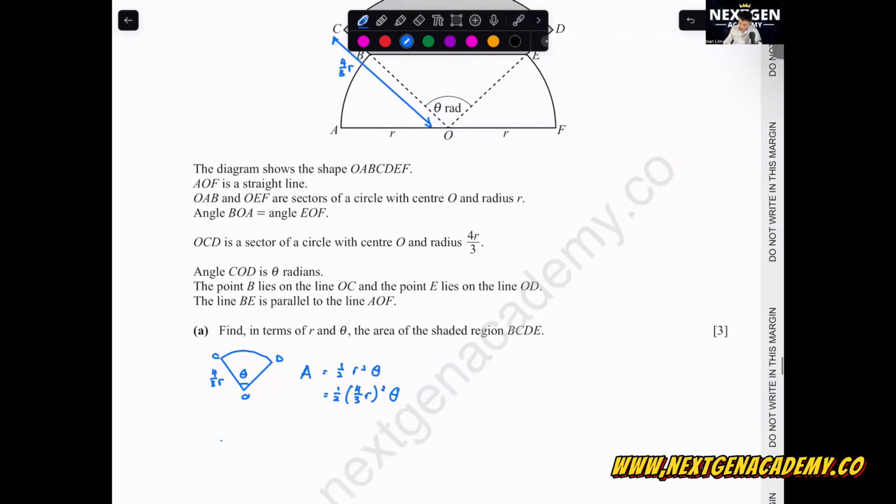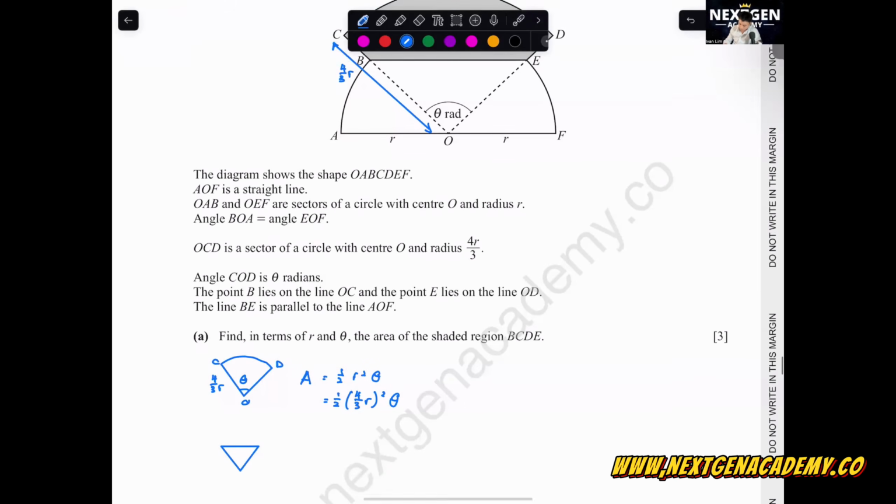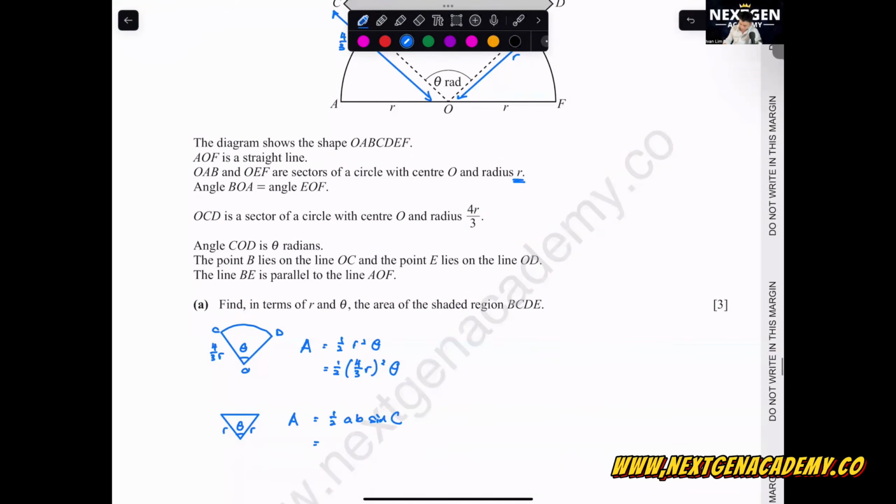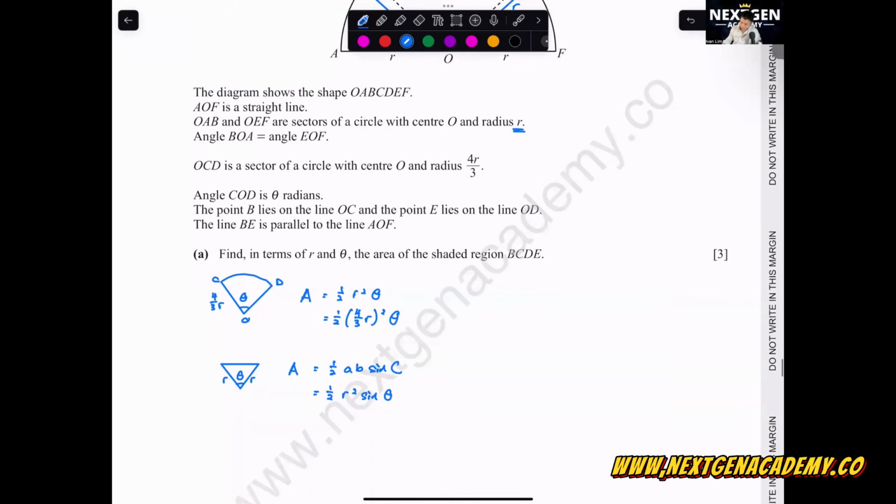The triangle. How to minus the triangle? This angle is theta, and the radius is R. You see here, they say it is R. So this area, we can use 1 over 2 ab sine C. So it will be half R squared sine theta.